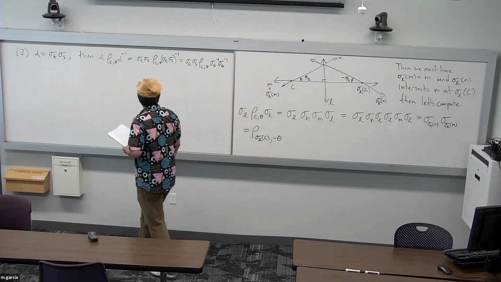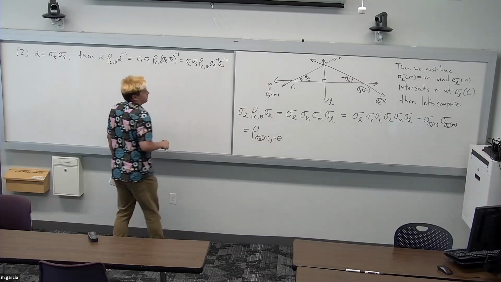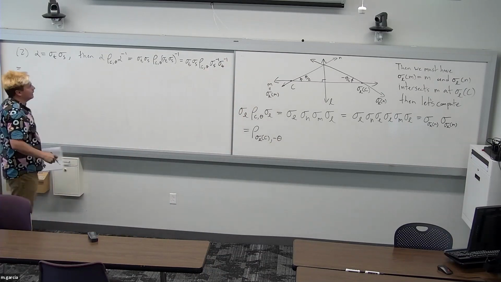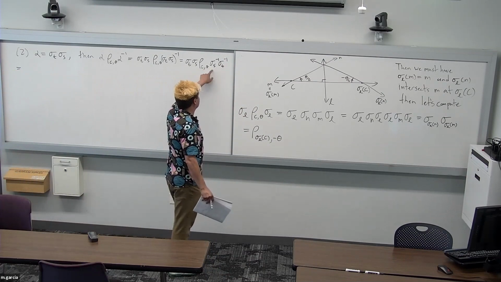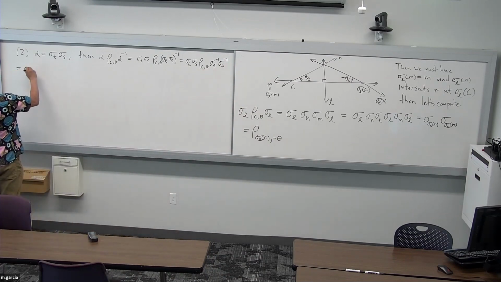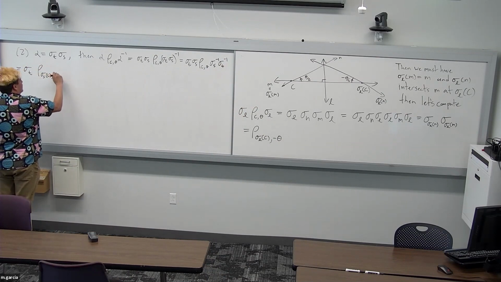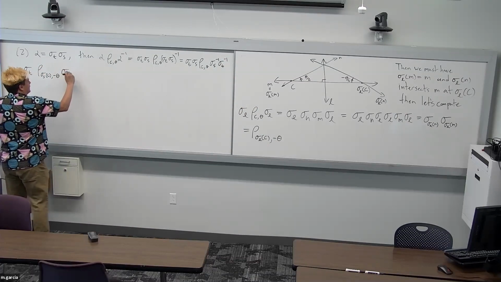So now I have a conjugate of a conjugate. Okay, and we just did the case when we conjugate by a single reflection, right? So we know that this is just equal to sigma t times rho sub sigma s of c, comma, negative theta, sigma t inverse.